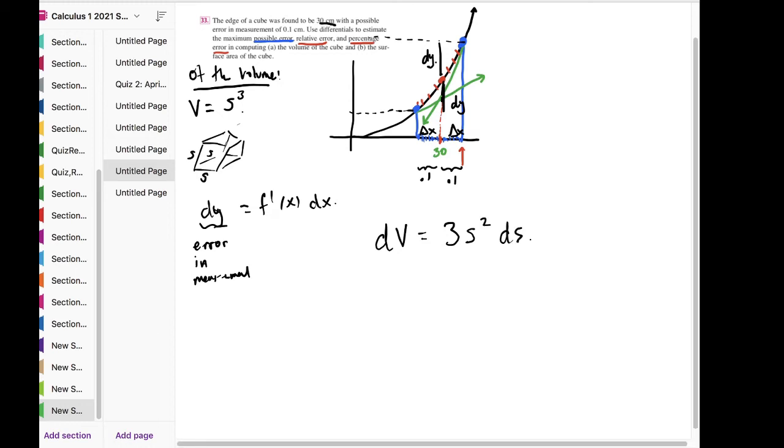So again, this is error in volume measurement, and this is error in side measurement.